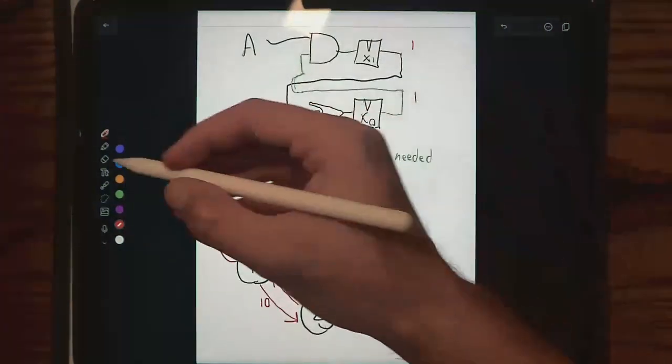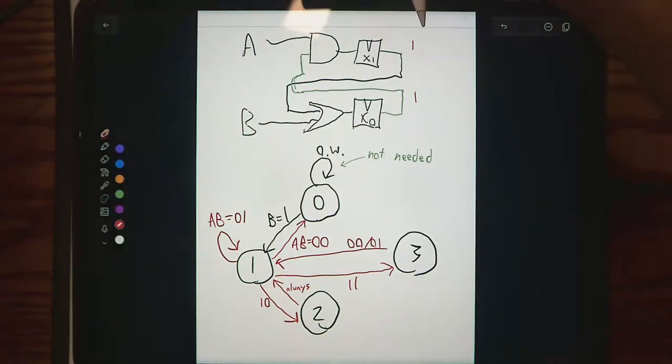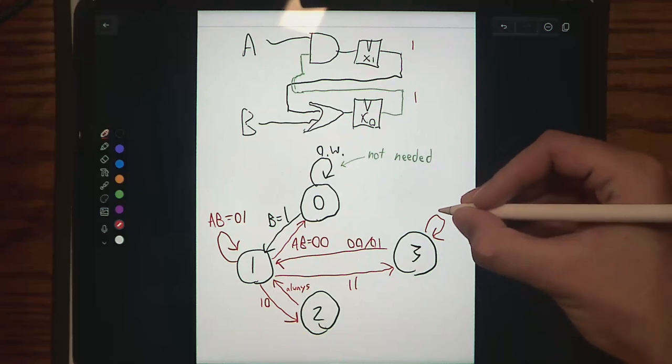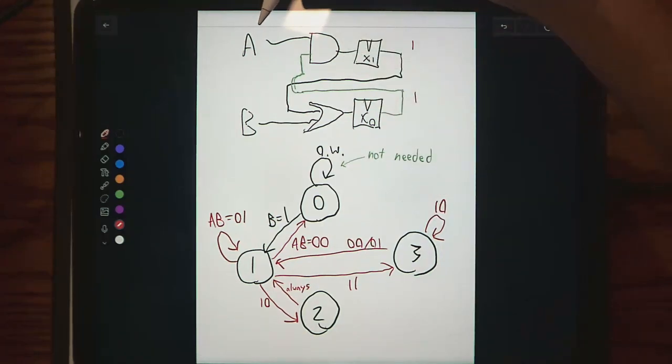Okay. What happens if it is 1, 0? What is the next state? Yeah, I think it's 3. So 1, 0. And then finally, for 1, 1, what do we have?